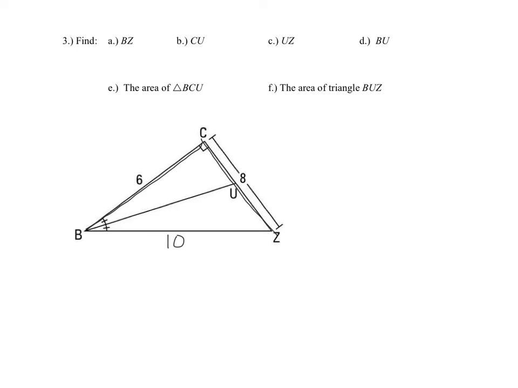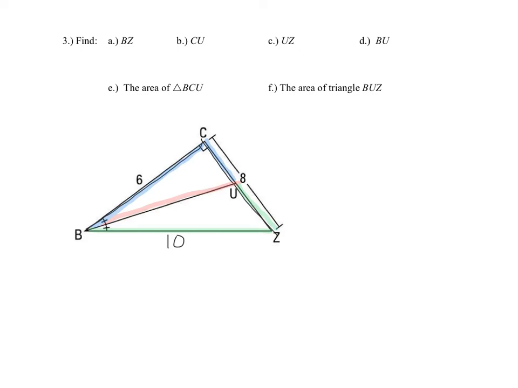Now that we have that, we also notice that we have an angle bisector here. So we're going to use the last one that we talked about, telling us when we have an angle bisector, then the ratio of this side to this side is in the same ratio as this side to this side.